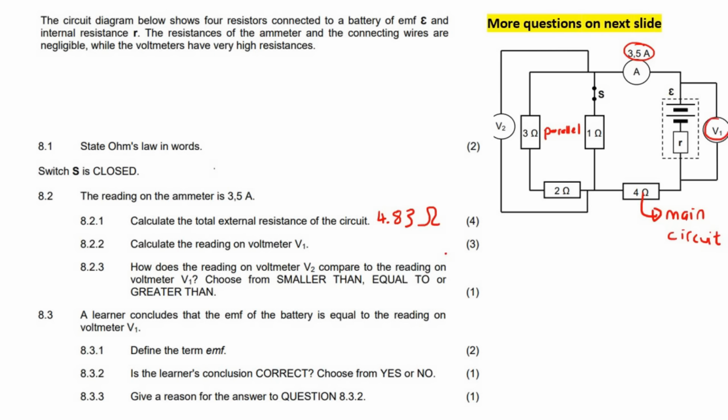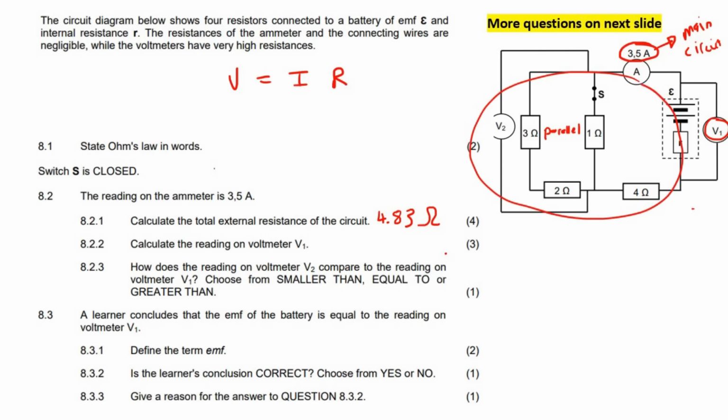The next question for 3 marks says calculate the reading on the voltmeter. Well, this is an easy question because we know that voltage is equal to I times R, and as long as we can choose the right I with the right R, then it works. Now that current is part of the main circuit, so it's part of the total circuit. So you will have to use all of the resistors in the circuit.